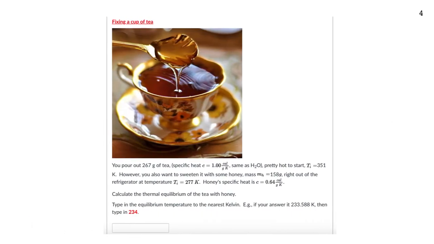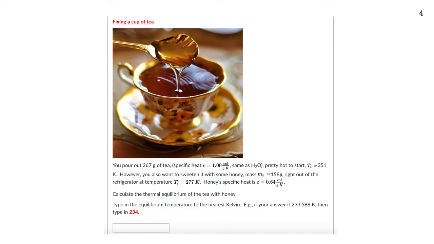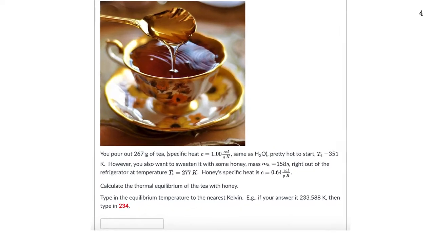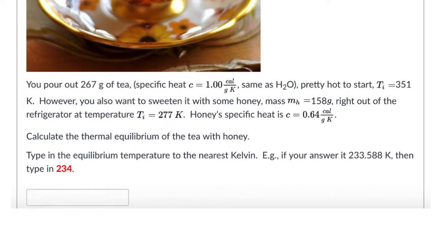Here's the problem. Fixing up a cup of tea, putting in some honey. Now the specific heat of honey is different than the specific heat of water. All right. So this is two different substances. Honey's a little bit easier to heat up. And on this problem, just so you know, it's a little bit different from the substance R, substance H, with the beaker and the styrofoam cups and stuff.